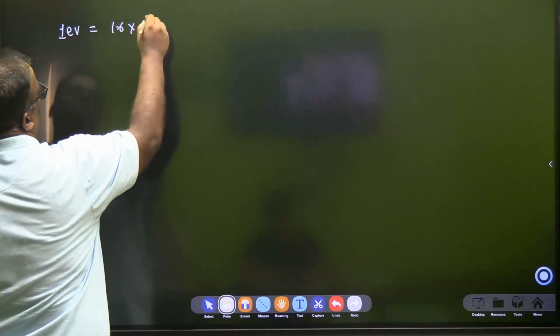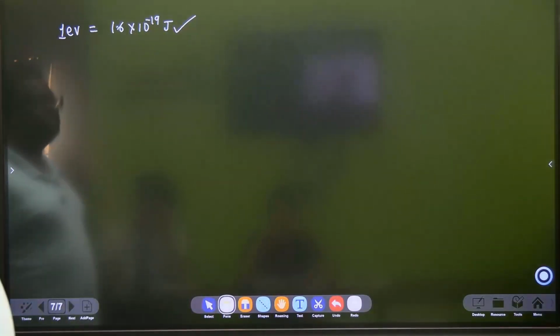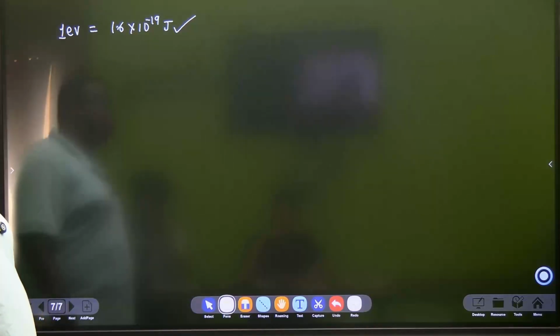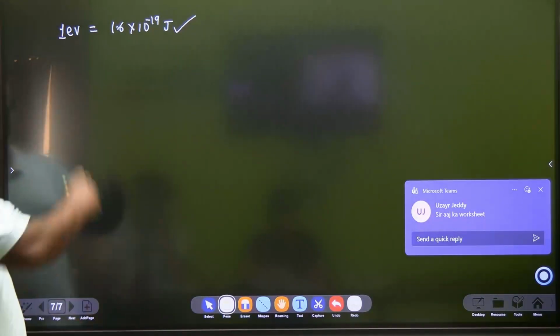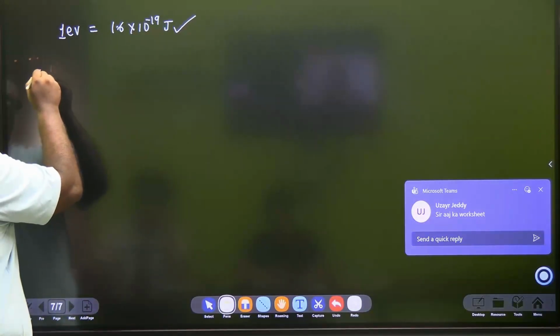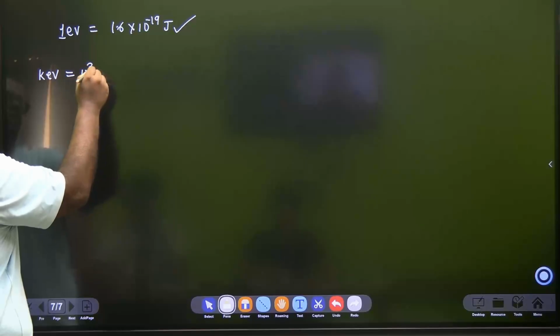See, I'll tell you how to understand this. Children, the joule is the standard unit of work or energy. But when you do problems in atomic physics, they will give you the energy in terms of eV. 1 eV, right? So similarly, if somebody says kilo eV, that means 10 to the power 3 eV.